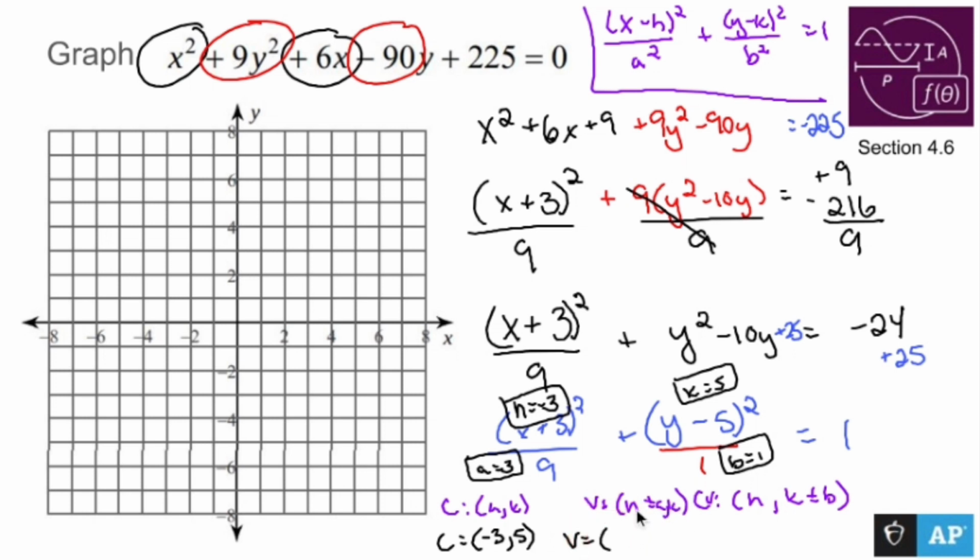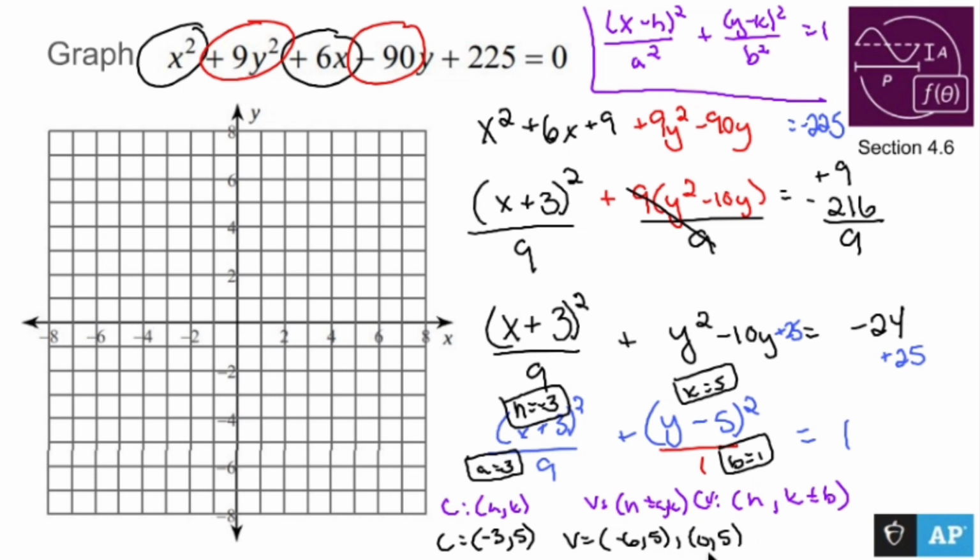The vertices are (h plus or minus a, k). So the vertices are going to be h plus a, so negative 3 plus 3, which is 0, k, which is 5. Or the vertices could be h minus a, which is negative 3 minus 3, which is negative 6. I had that backwards. Doesn't matter. It's all right.